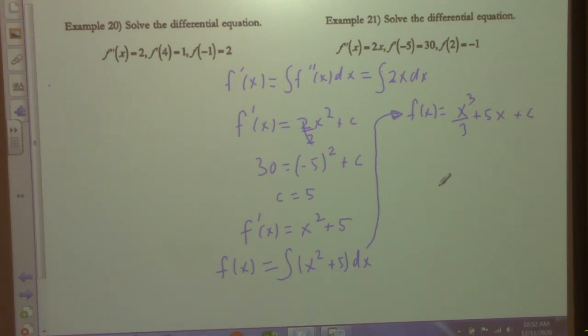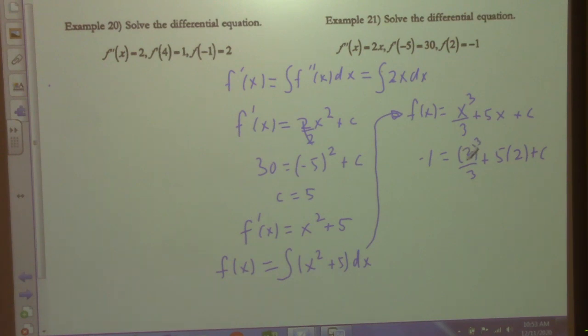Is that right? And what's the next step we do? So f of 2 is -1, and we plug in 2 here, so we have 2 cubed over 3 plus 5 times 2, excuse me, 5 times 2. Is that 5 times 2? Yeah, it's 5 times 2, isn't it? Yes. 5 times 2 plus c.